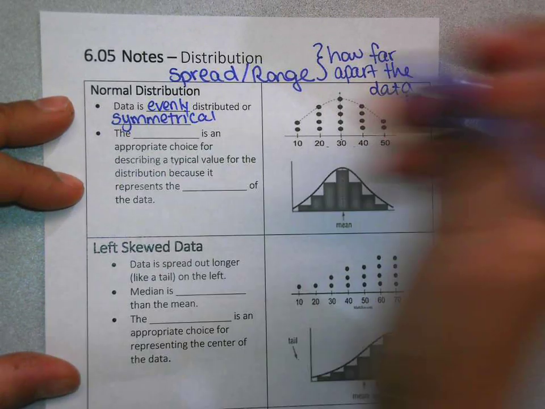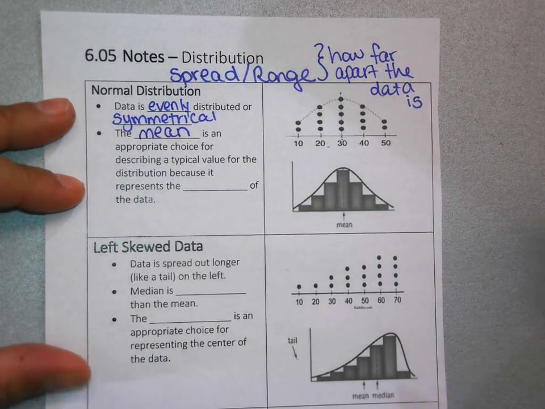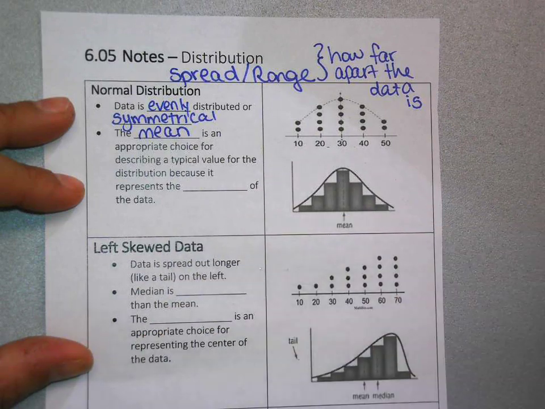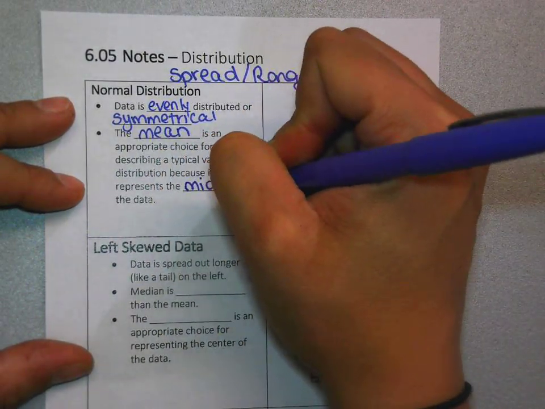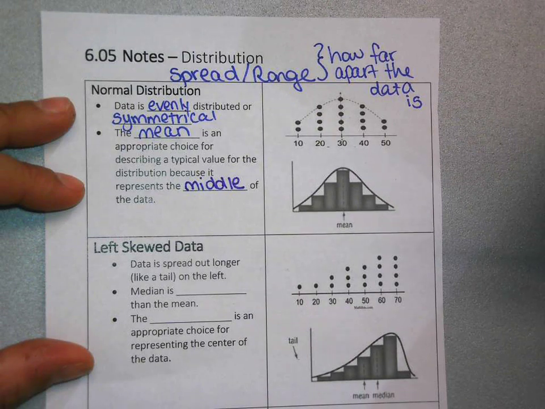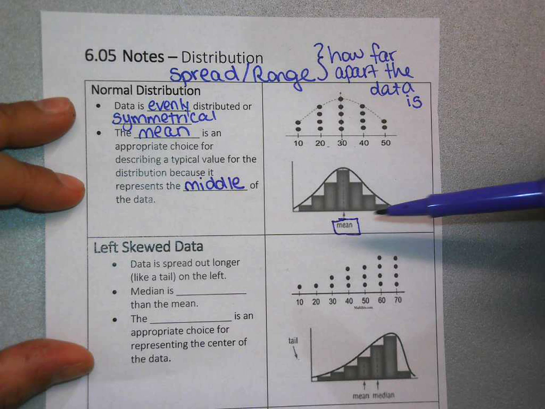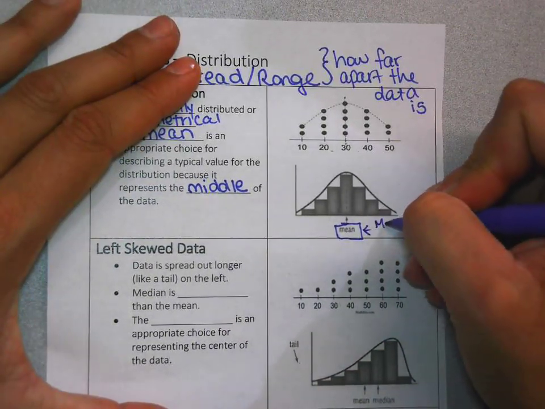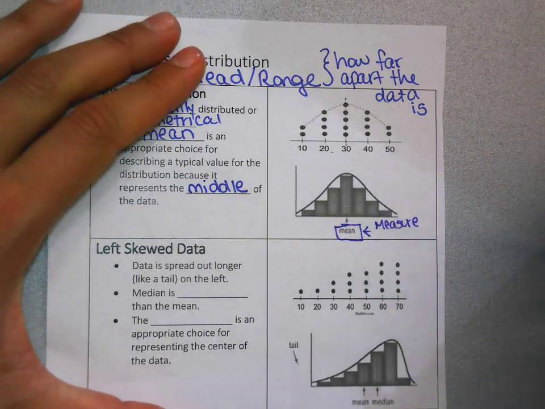For these types of graph, the mean, otherwise known as average, is an appropriate choice for describing a typical value of the distribution because it represents the middle of the data. So the mean is always the best measure of center for normally distributed graphs.